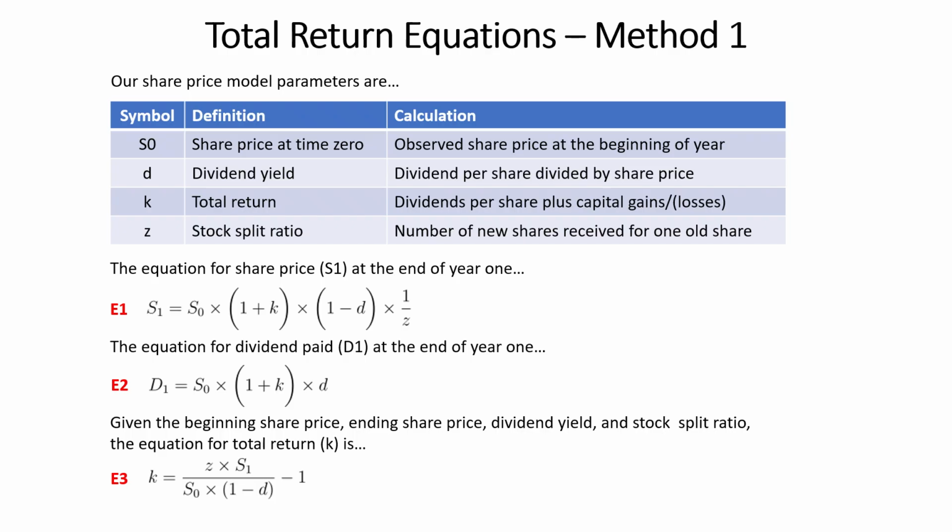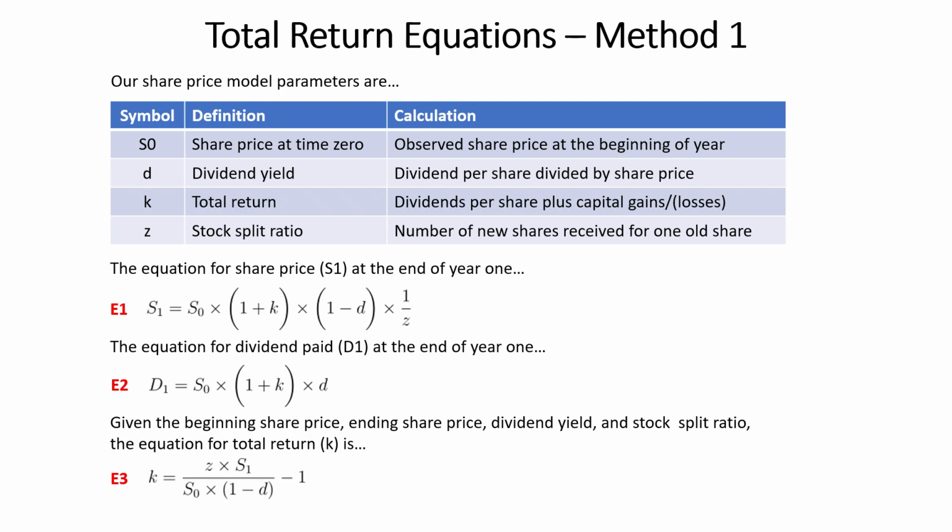And then for equation E2, we have the equation for dividends paid, which is D1. That's the dividend paid at the end of year 1, which we're going to define as the stock price at the beginning of year 1 times 1 plus K, which is the total return, times D, which is the dividend yield. And that'll give us the dividend that was paid at the end of year 1.